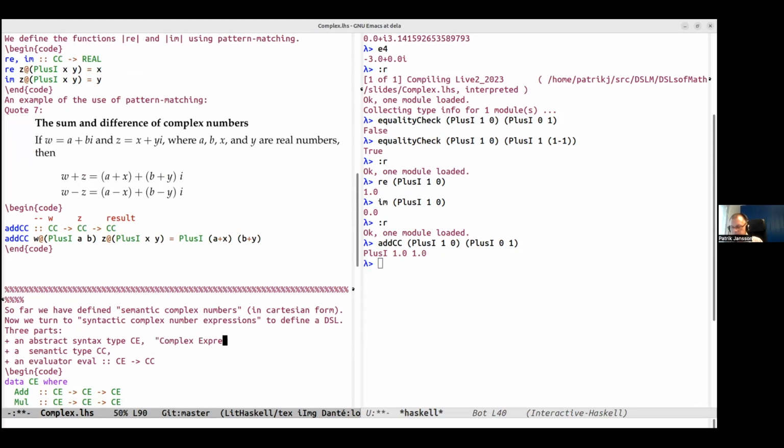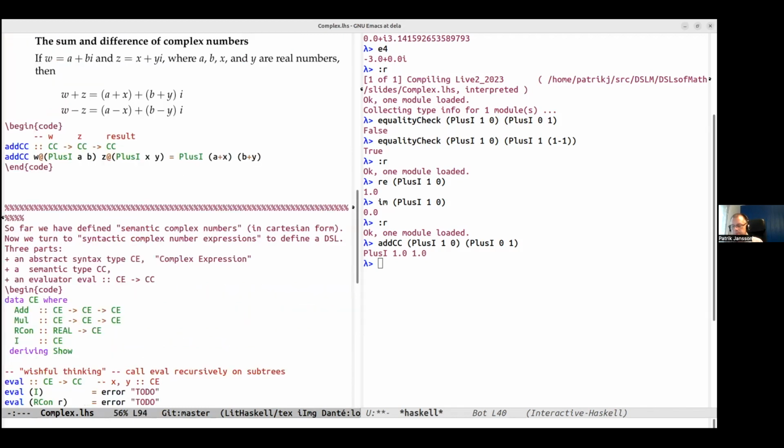And then we have the semantic type CC, which we already introduced. And then we should write an evaluator, eval, that translates an expression to just a complex number, the semantics. I've here already written the data type definition. I will try to explain it.